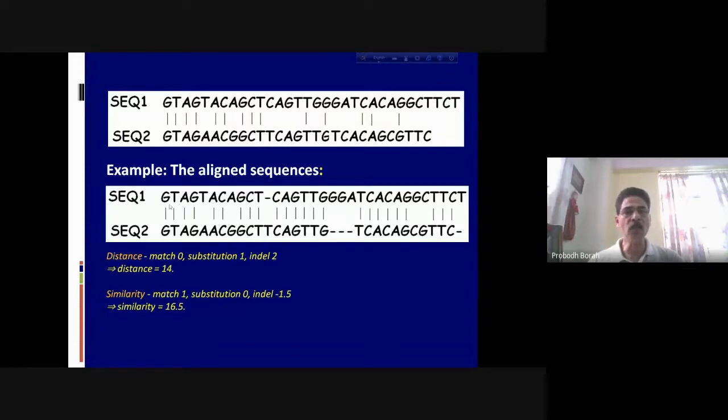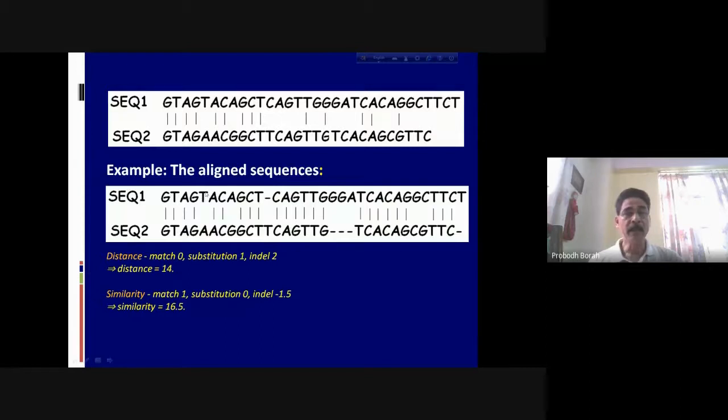So suppose these two sequences were exactly alike at some point of time. Now they differed in subsequent generations because of insertion, deletion, or point mutation occurring in the sequences. So that can be explained after the alignment of the sequences.